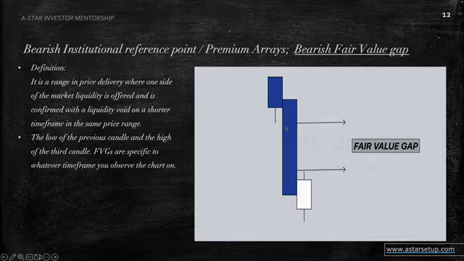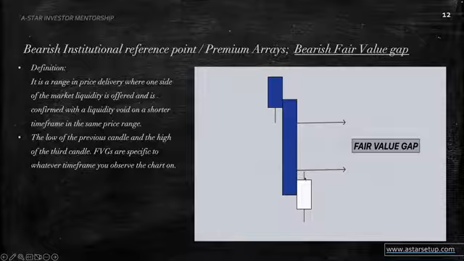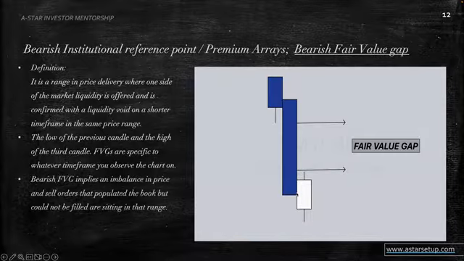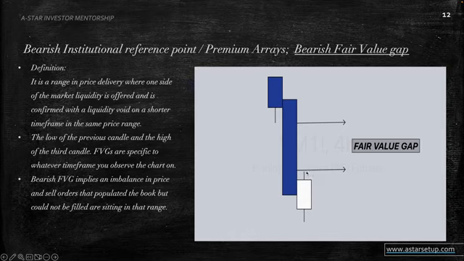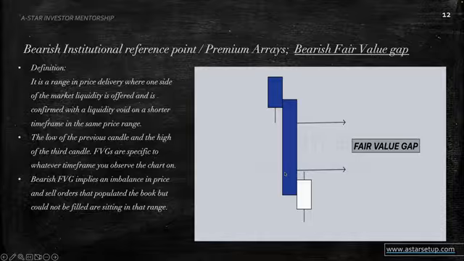So when you look at this diagram, look at the low of the first candle, and look at the high of the last candle. Do you see that there's a gap in between the low of the first candle and the high of this last candle, where it is just sell orders coming into the market?